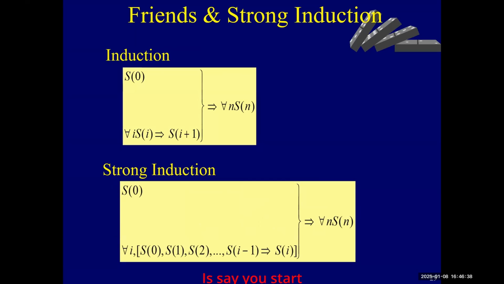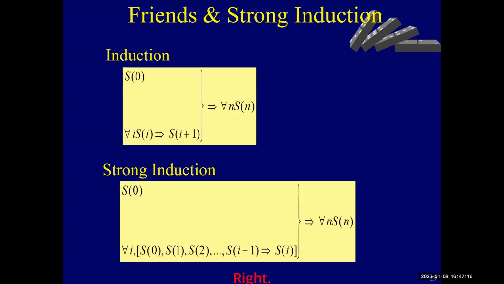All right, strong induction is, say you start by proving 0 again, and now for every integer i, this is going to make my life easier, right? Because up there, I needed to prove S(i+1), and all I had to help me was the previous one. But now I have to prove S(i), and what helps me is that some oracle is assuring me that all the previous ones work.